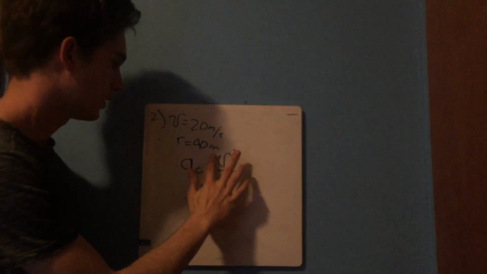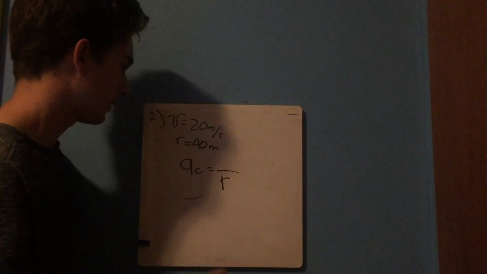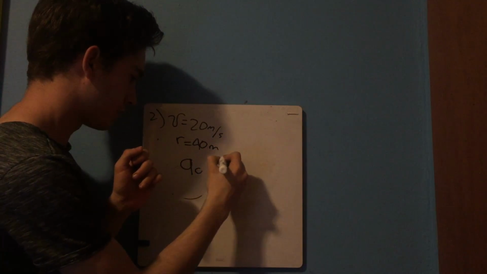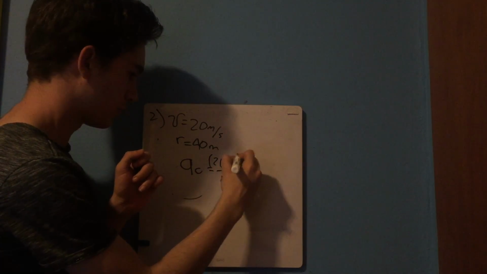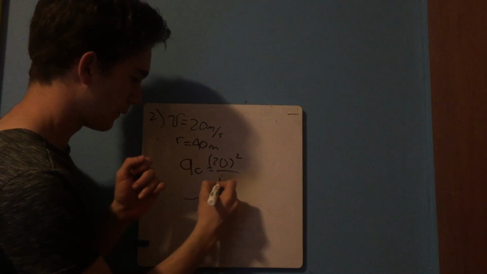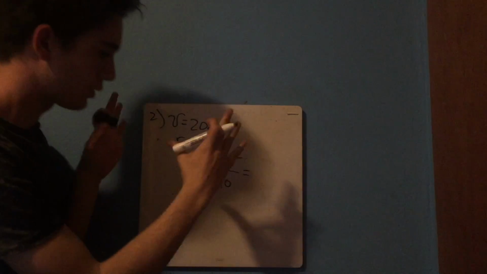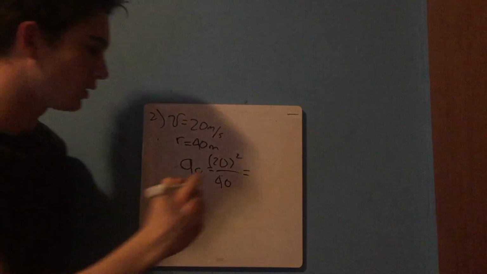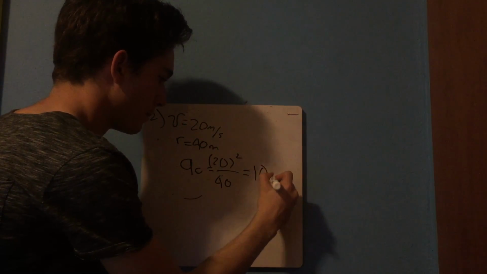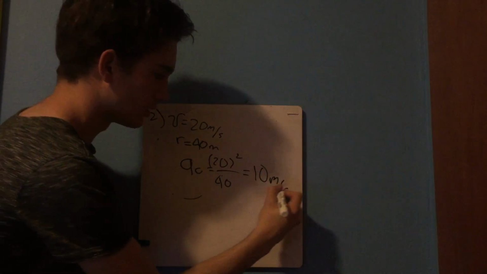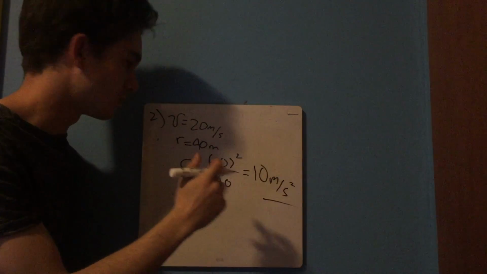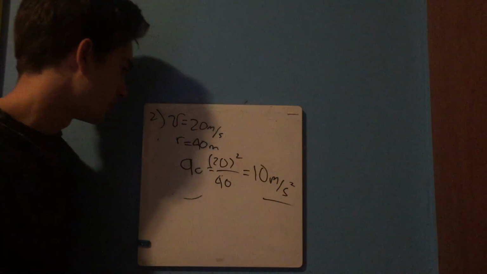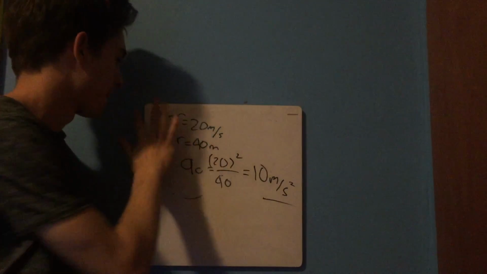We just have to substitute it, and we get 20 squared divided by 40. And when we do this operation, we get a result of 10 meters per second squared centripetal acceleration, all right? So pretty simple. Let's move on to problem number 3.